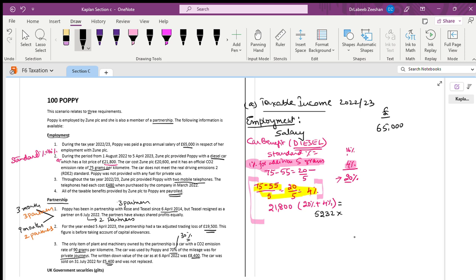They have provided during the period 1st April to 31st August. 8 months, no? So multiplied by 8 by 12. It's 3,488.